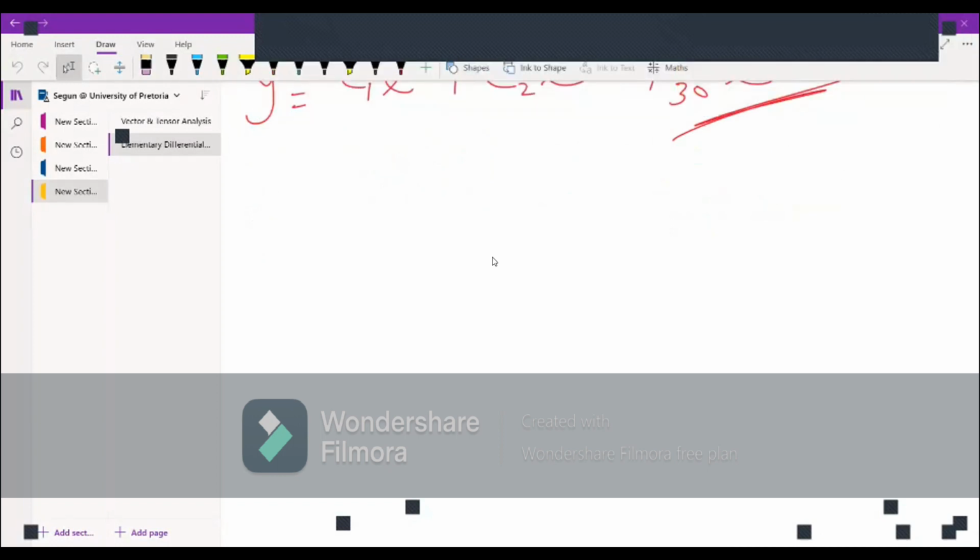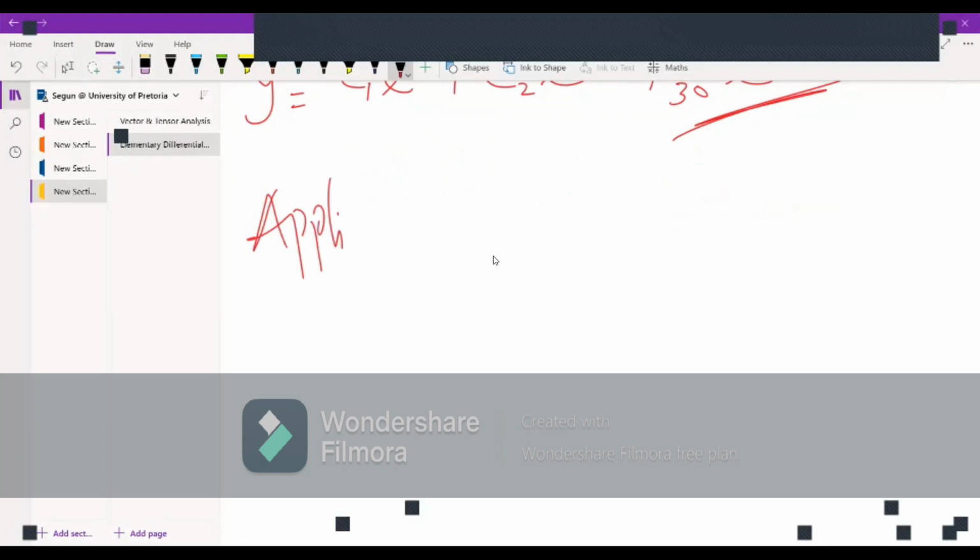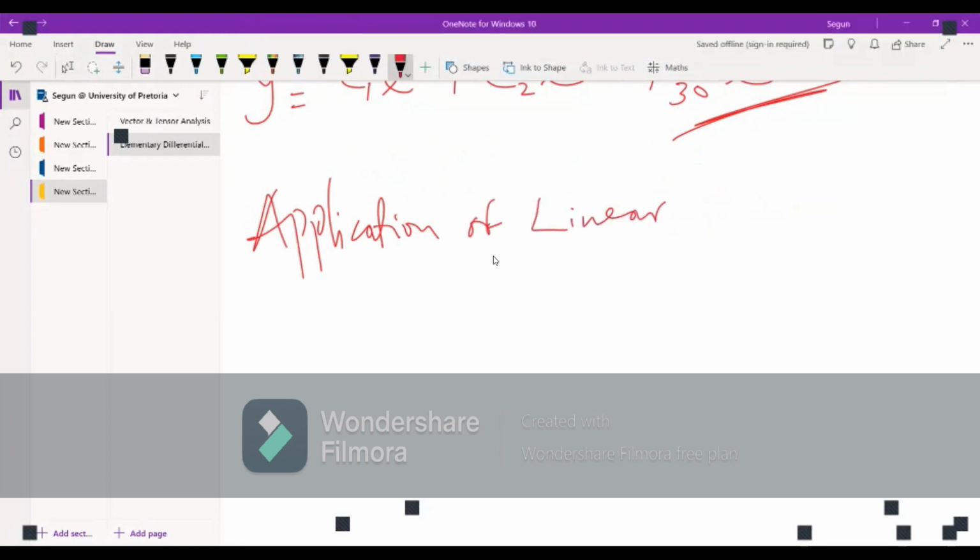So application of linear differential equation.